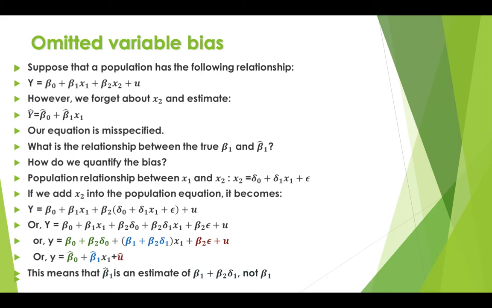Solving this, we get y equals (beta 0 plus beta 2 delta 0) plus (beta 1 plus beta 2 delta 1) times x1 plus beta 2 epsilon plus u. So, beta 1 hat is actually beta 1 plus beta 2 delta 1 and not beta 1.